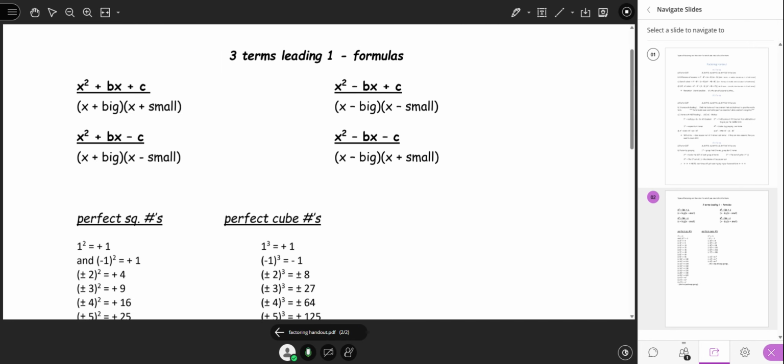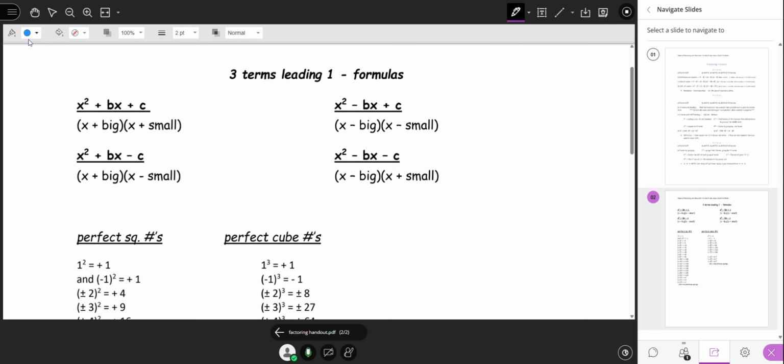Now, three terms leading one. There are only four combinations that can happen. Only four. This is the first possibility. Your second possibility. Your third possibility.